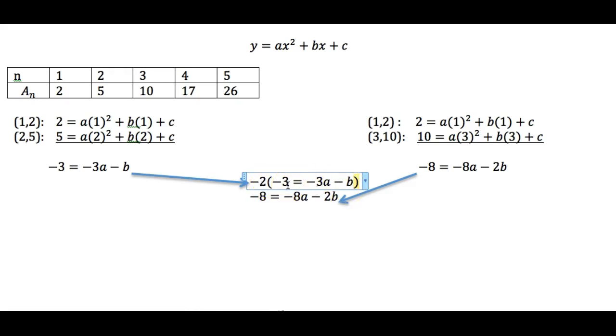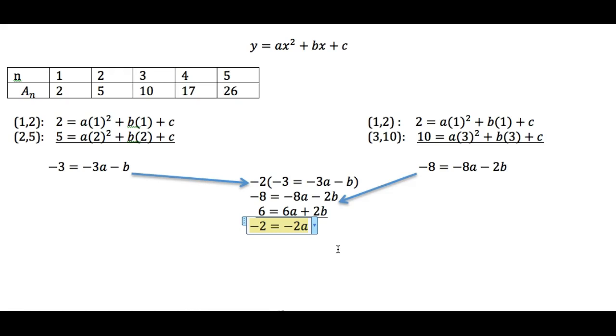So if I take this equation and rewrite it right under here, now it's just these 2 equations that I'm dealing with. This one in yellow is just a regurgitation of this one right here. So if I subtract those 2, I'm going to get negative 2 is equal to negative 2a.